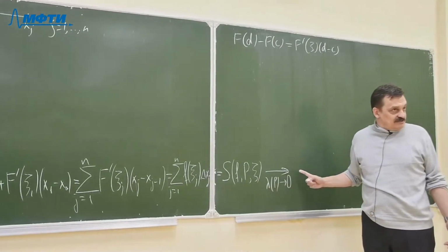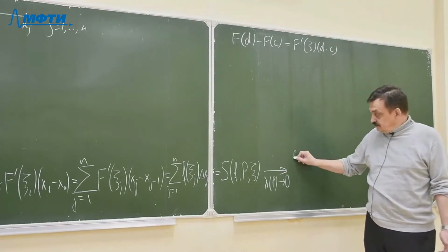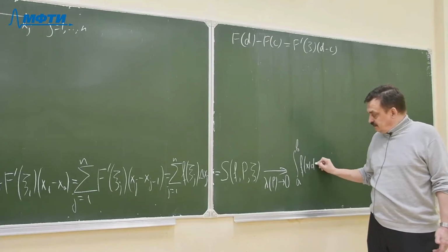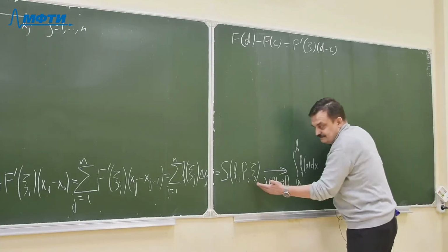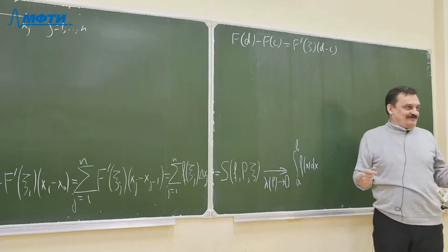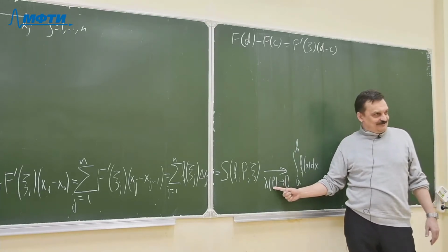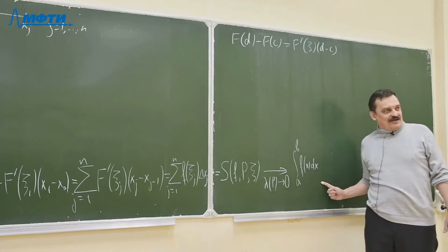Integral sums tend to the integral. So we obtain here the integral. Now look, what is it? That is a fixed number which does not depend on the partition, right?